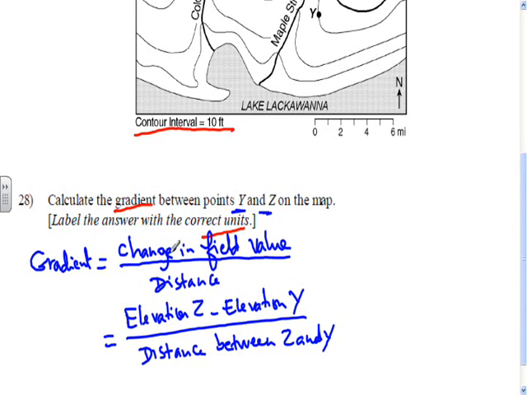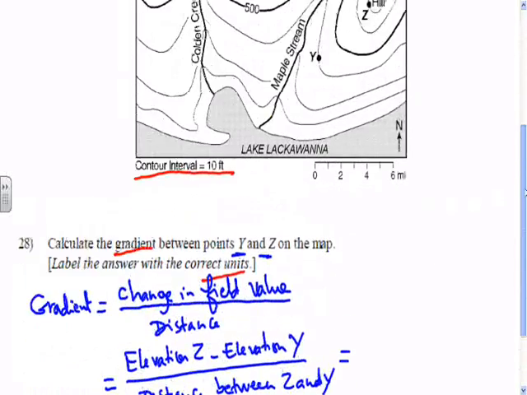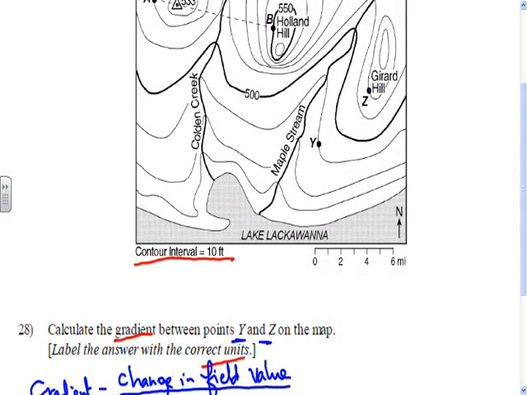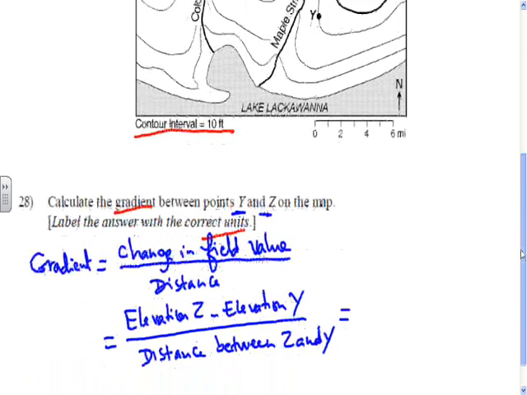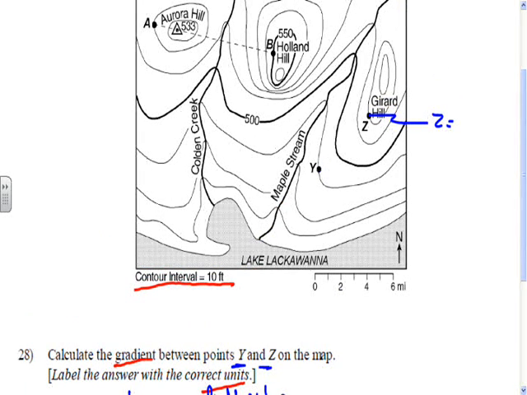Now first of all, you have to find the elevation of Z, and also we need to find the elevation of Y. Now we know that this line here, let me use the red color, this line here is 500. You can follow this line all the way here.